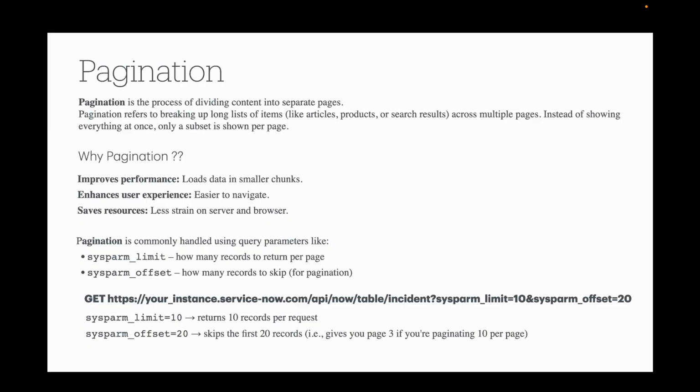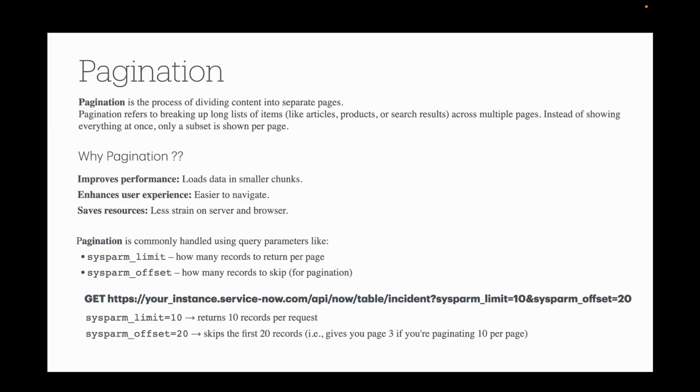You can see in the example that we have the HTTP verb GET, that is, we want to get some data from our server. Then we have the URL, and after the question mark, we have written our query parameters: sysparm_limit equals 10 and sysparm_offset equals 20.